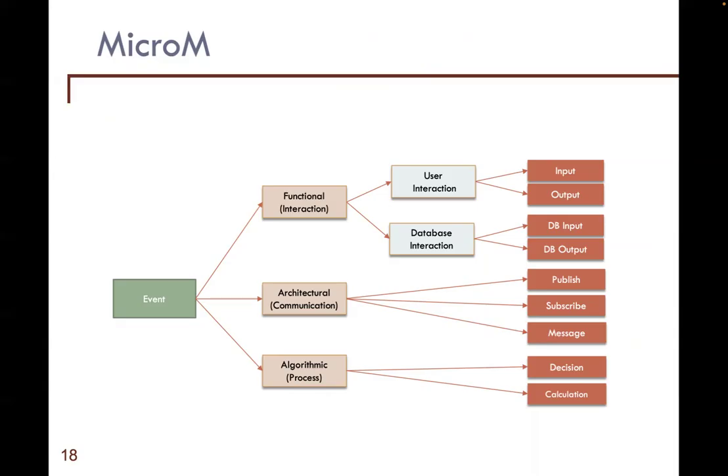I have a question, thank you for the presentation, about the data here. You talk about Cosmic and all the methods before, and talk about data and objects. And here in the event-based system, you come back again to some kind of data when you talk about output, database input, and so on, publish, subscribe.